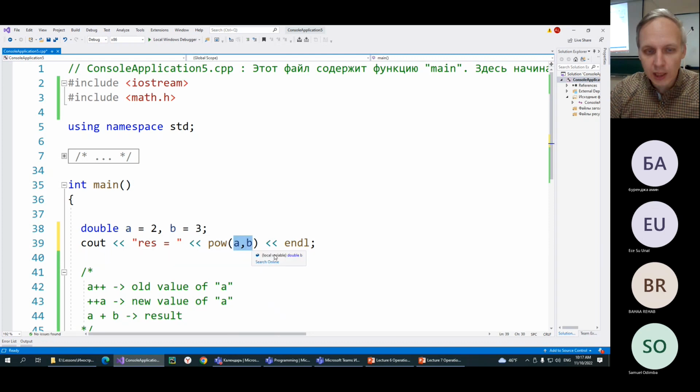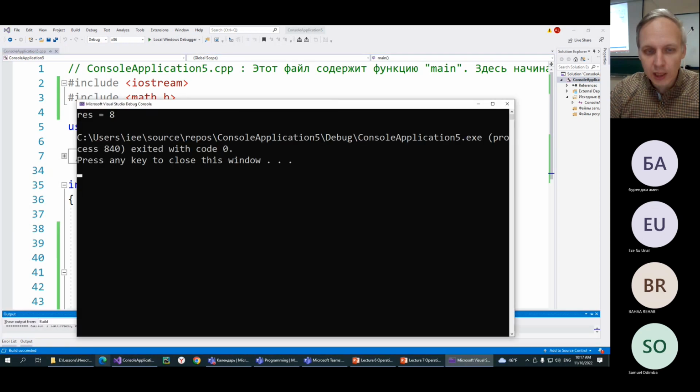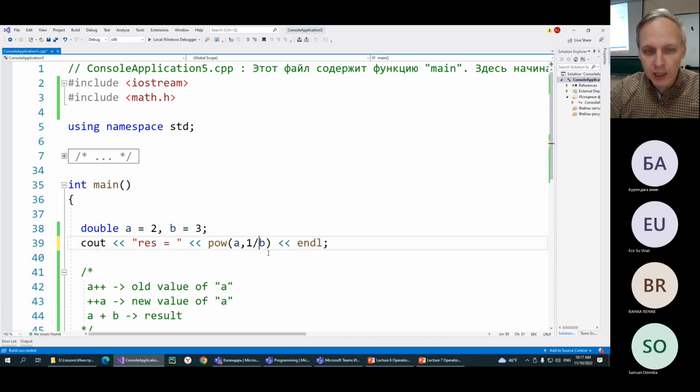Yes, power a b means the first number raised to the power of the second number. The result will be 8. Also, I can compute here not only integer powers, but any real number.